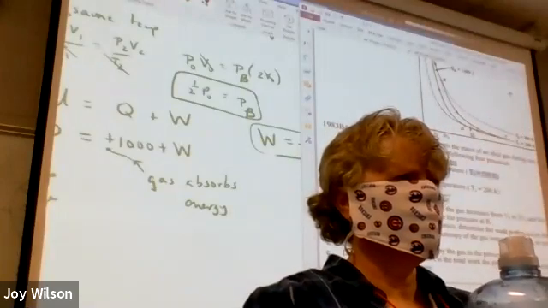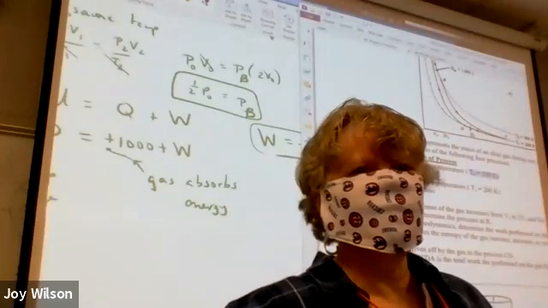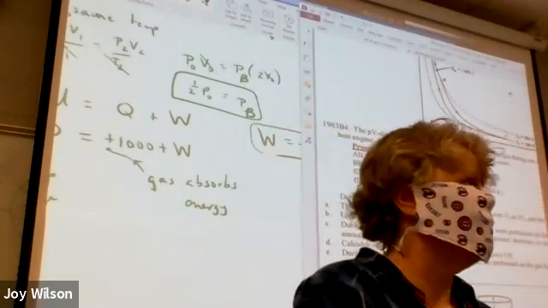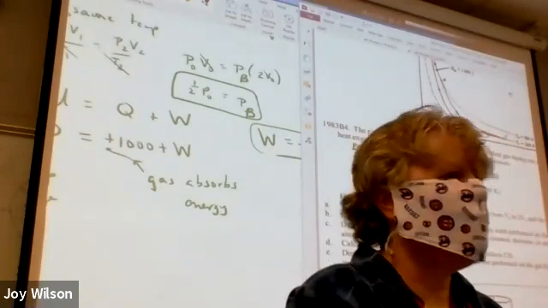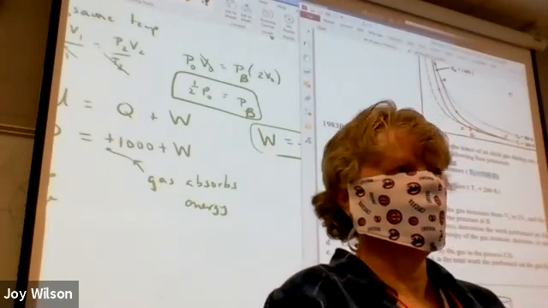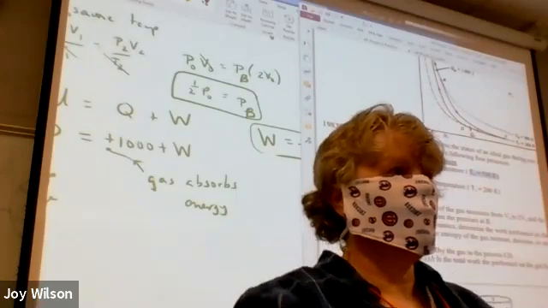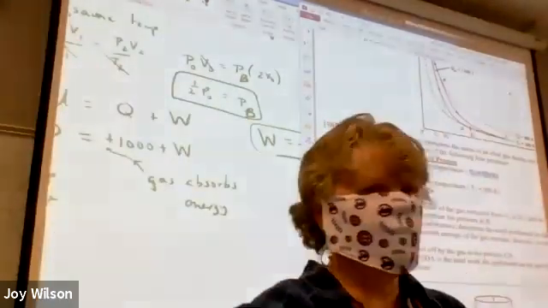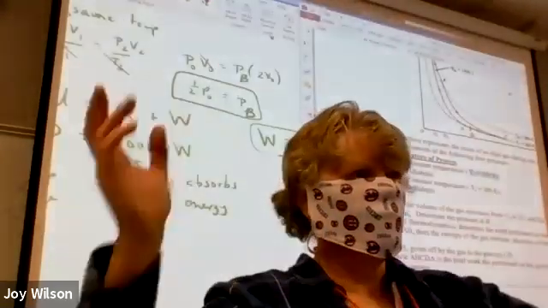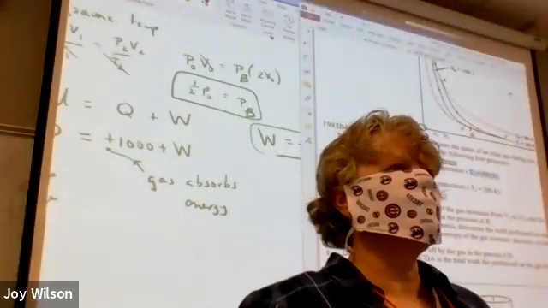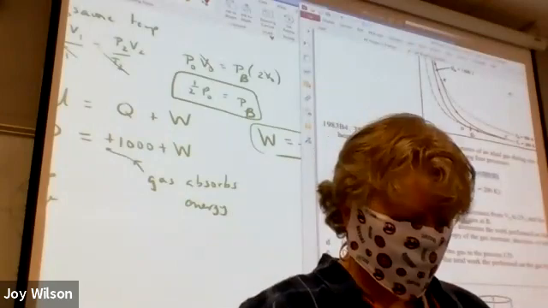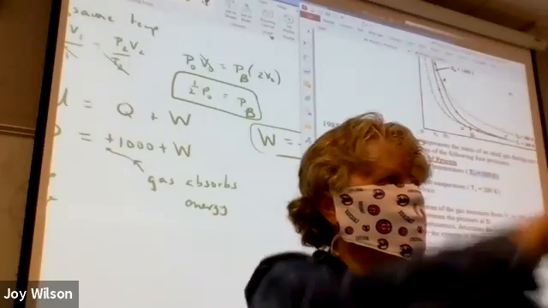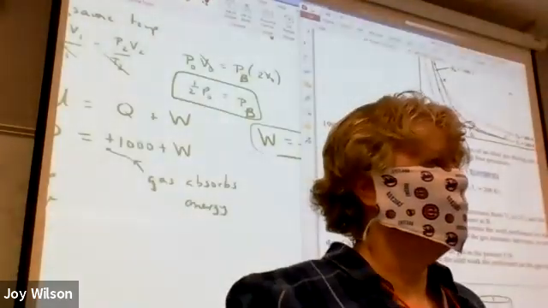Does that make sense? Now, if we'd done it the other way, if I had a mug of hot cocoa and I put the mug of hot cocoa on the desk, what happens to the cocoa? Heat goes out because the cocoa is warmer than the room, so the heat energy leaves my coffee cup. Now the entropy went up because all the heat energy was here, and now the heat energy is out there.